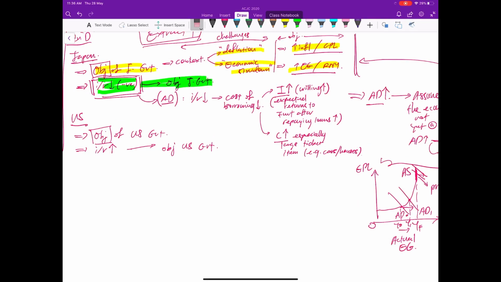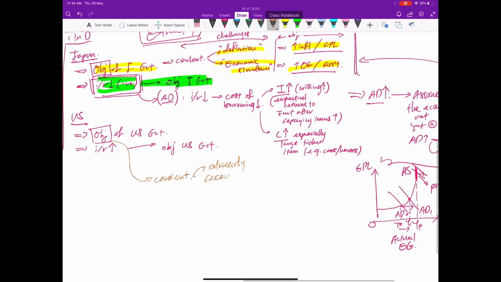So what's the difference between the case of Japan and the case of the US? It's really a difference in objective. The context that the US is facing is that the economy is already recovering. So you see that the US AD is actually already increasing, and in fact, the US is facing high inflation.